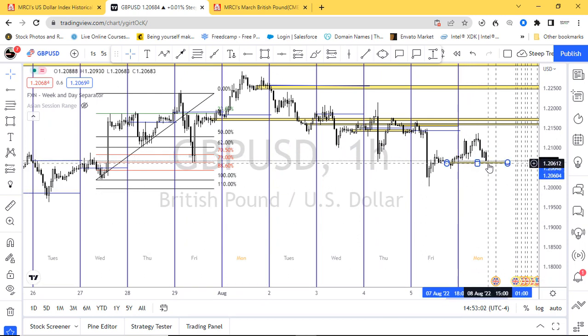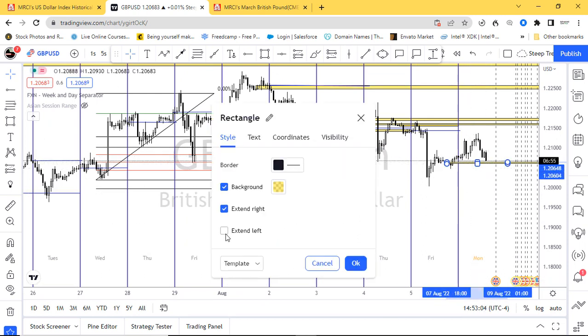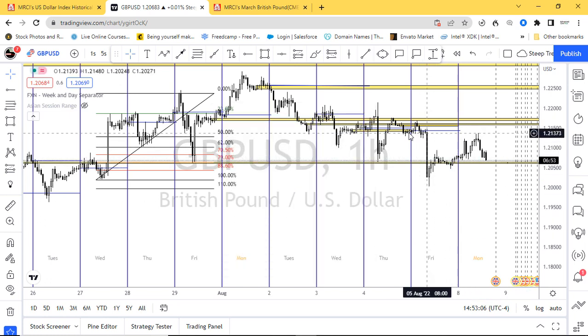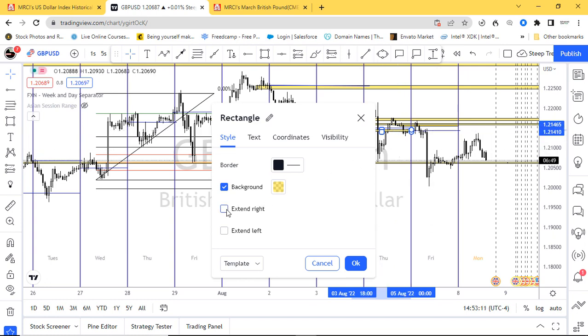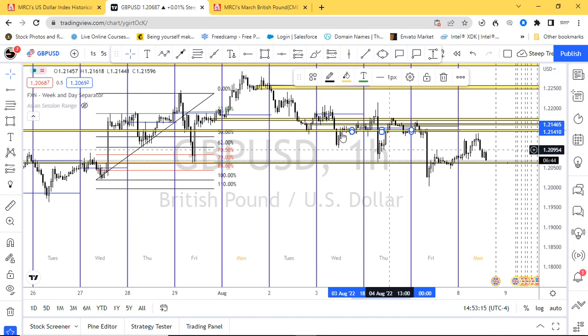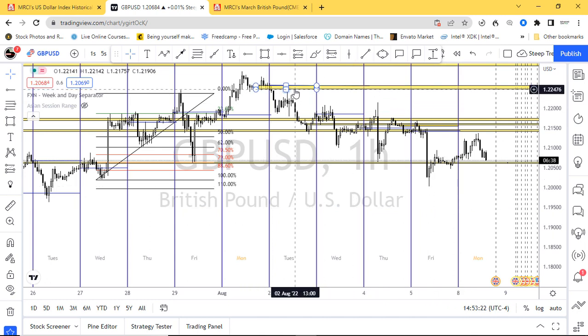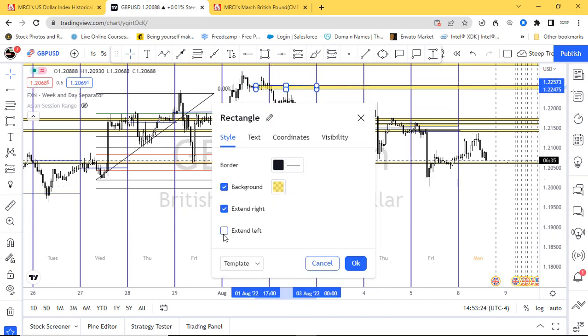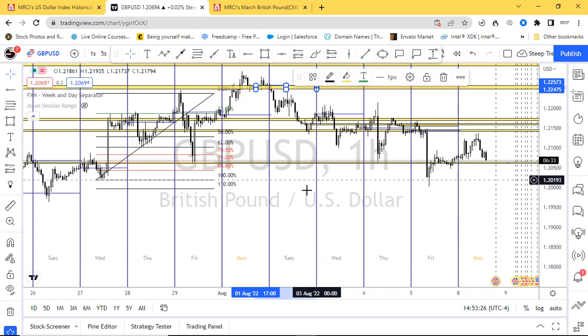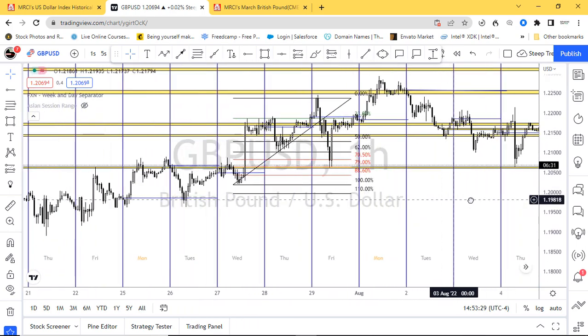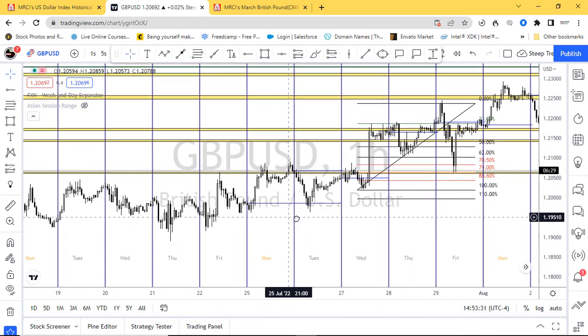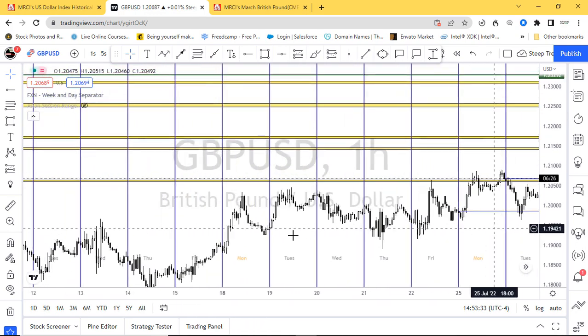And if we were to extend these to the left, now you can see it going back. You can see all those targets again.